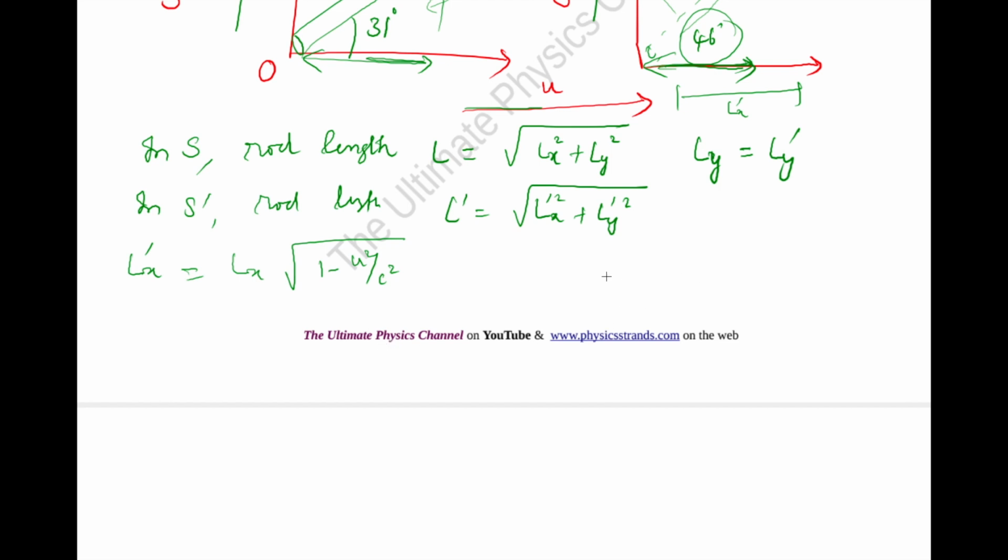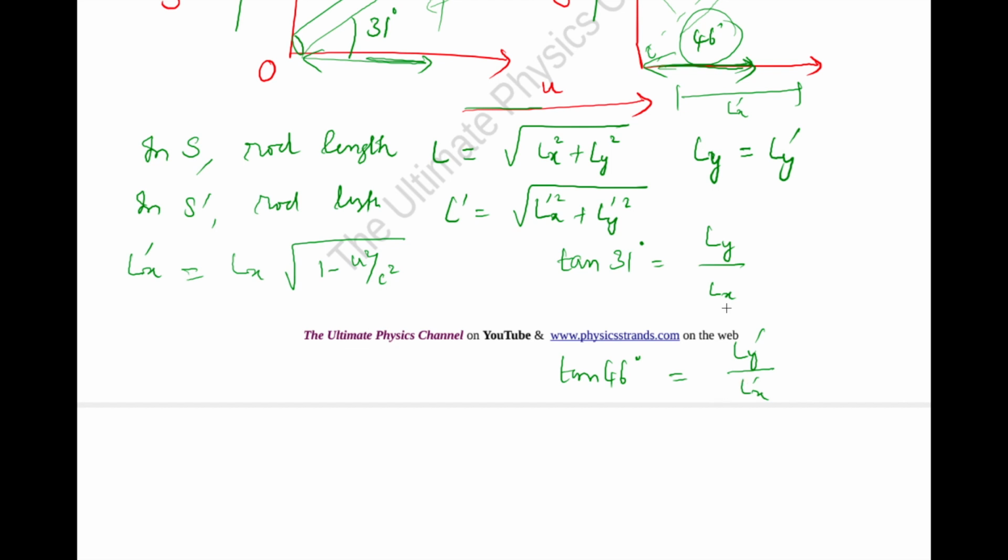Now the angles are given here. For the first angle, 31 degrees, tan 31 degrees is going to be a ratio of the lengths, right? Similarly, tan 46 for the other frame of reference, S prime, is going to be a ratio of the two sides in this way, Ly over Lx in this case, and here it is Ly prime over Lx prime.